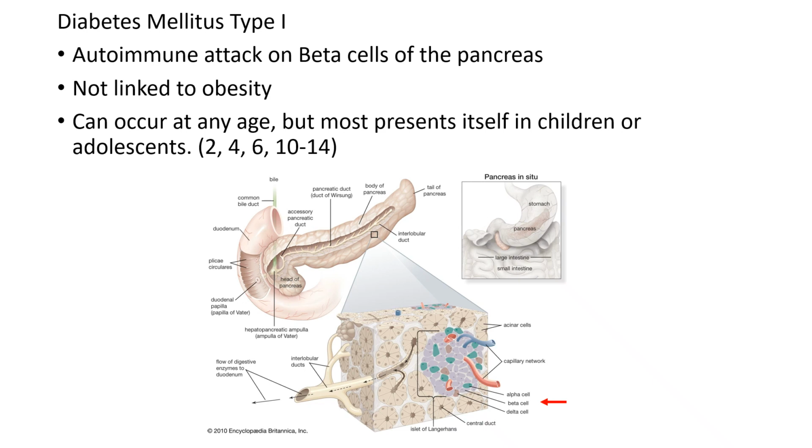This means if you are overweight, you're most likely going to get diabetes type 2. It doesn't have anything to do with type 1. Type 1 is more genetic related. Now, who has type 1 can be anybody, but it typically affects children around age 2, 4, 6, 10, and 14.